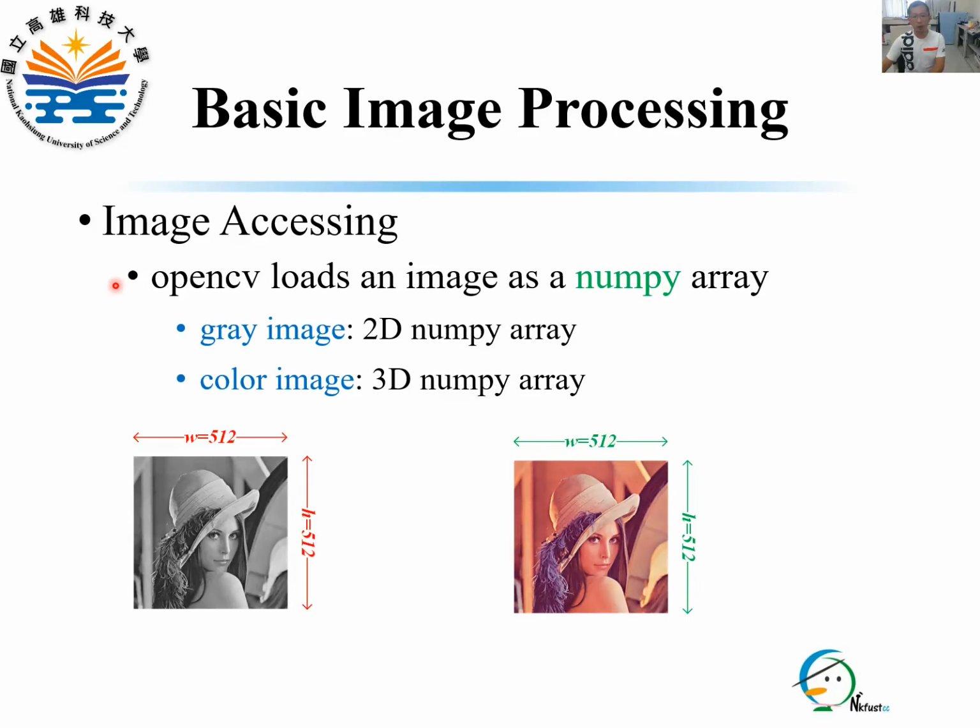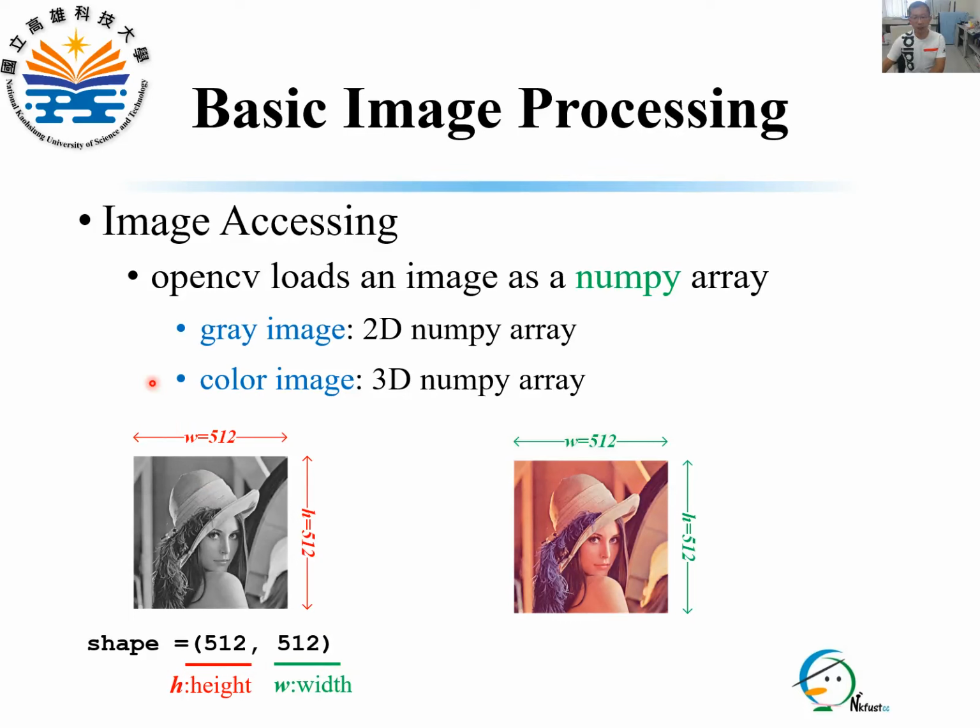An image loaded by OpenCV is returned as a NumPy array. For a gray image, it is a 2D NumPy array, whose first axis is image height, and the second axis is image width.